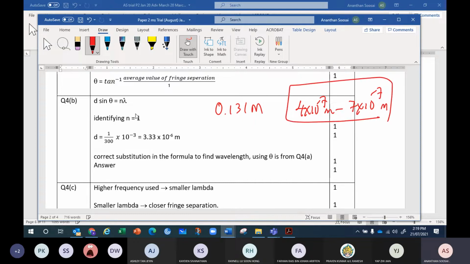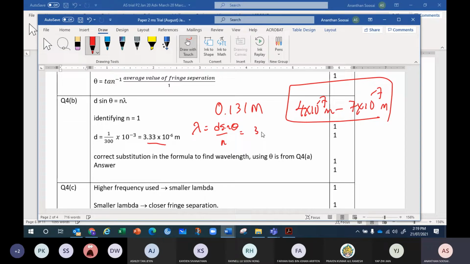But what's the mistake? So we rearrange lambda as lambda equals d sine theta over n. So this is your d, 1 times 10 to the power of... yeah, makes sense.